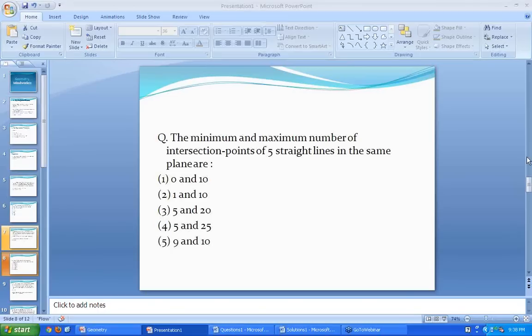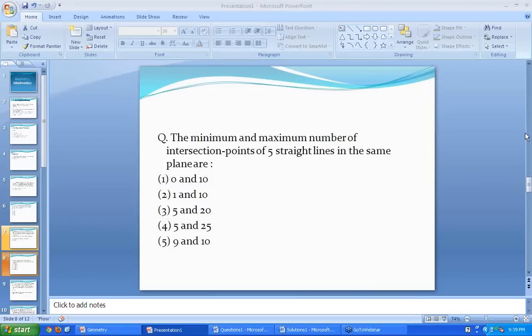Shobhit correct, Manmeet correct, Abhishek correct. Nice. So most of you have got it correct. In fact, all of you have got it correct. Suresh, Anshal, Ankit, Sumit, Ankur, all of you have got it correct.